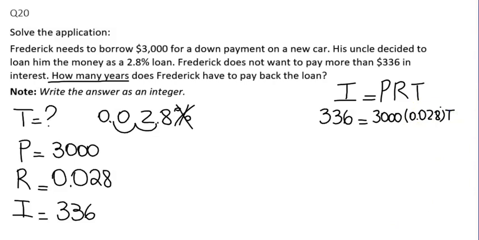Remember the trick that I told you? When you have a decimal and a number with a bunch of zeros, you walk one time to the right, cut one zero. Walk again to the right, cut another zero. Go again to the right and cut the other zero. Now you have 336 equals 3 times what? 28.